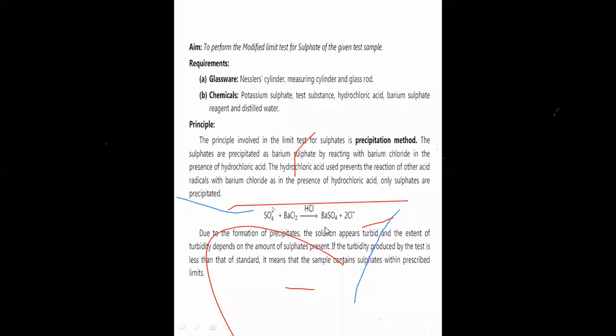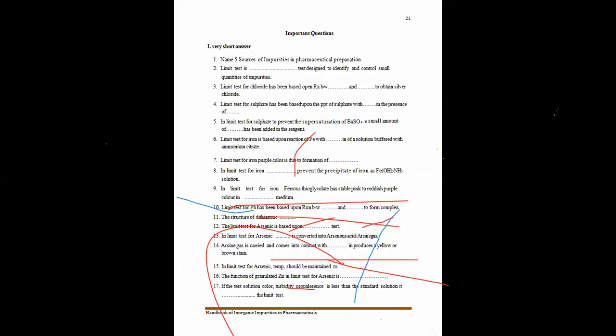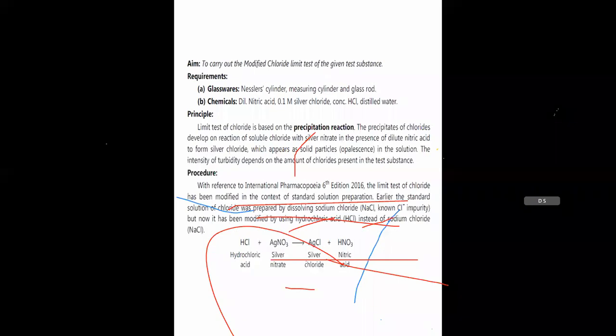Due to the formation of precipitate, the solution appears turbid, and the extent of turbidity depends upon the amount of sulfate ions present in the solution. But if the turbidity produced by the test is less than the standard solution, it means that the sample passes the limit test of sulfate ions.